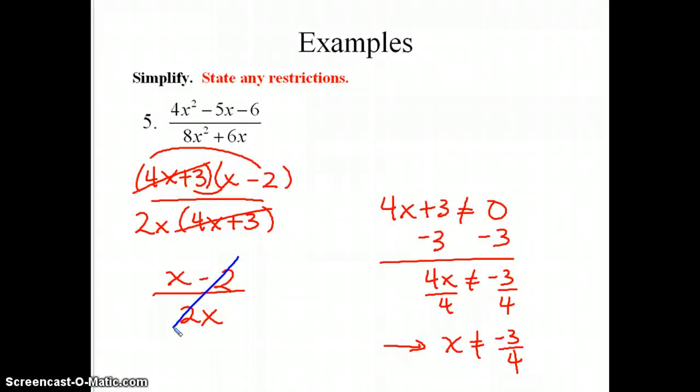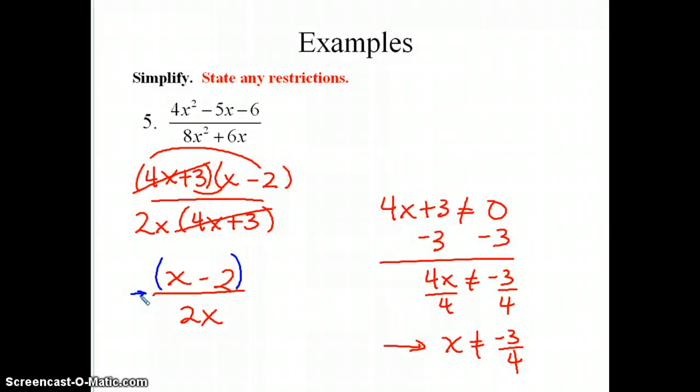It is in a symbol. If you think you may have that habit, please put parentheses around that because then that will remind you that x minus 2, that subtraction has to happen before the division bar occurring. So make sure we have x minus 2, the quantity, divided by 2x.